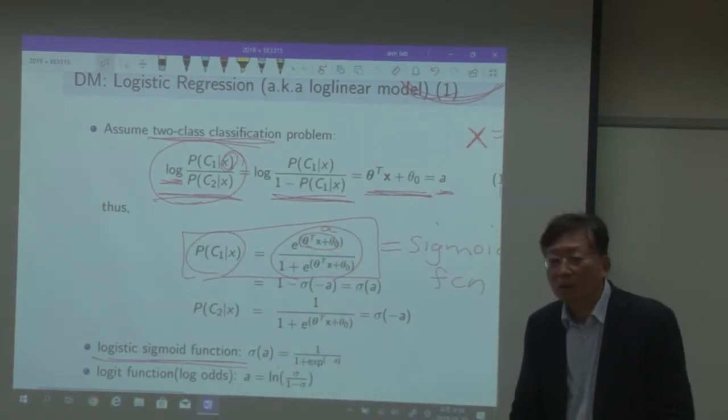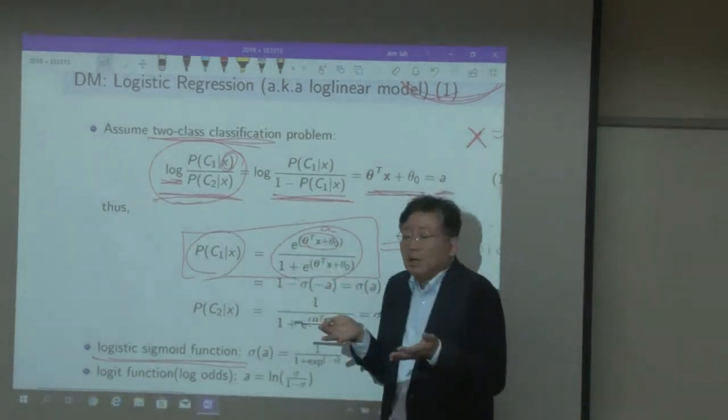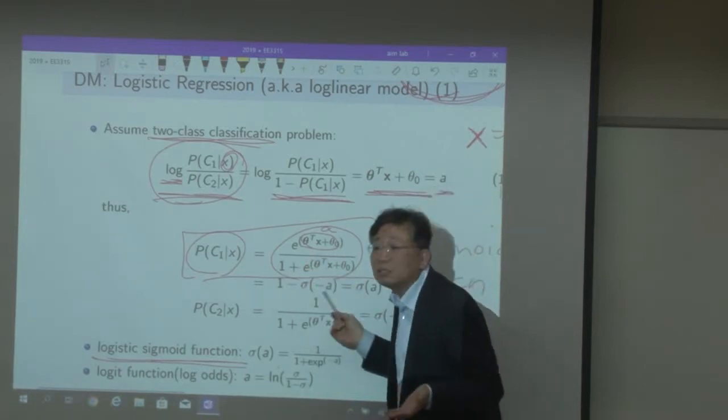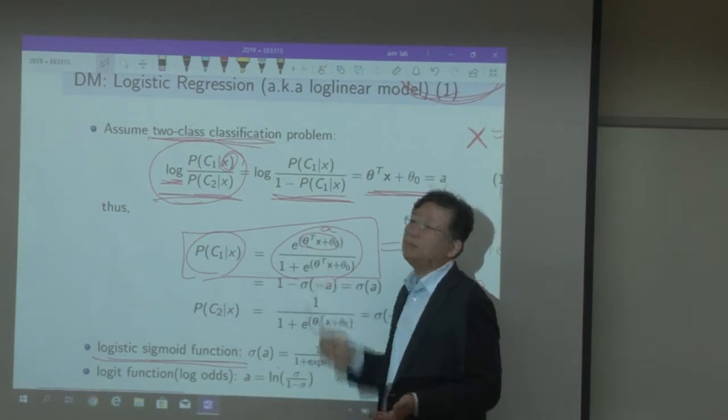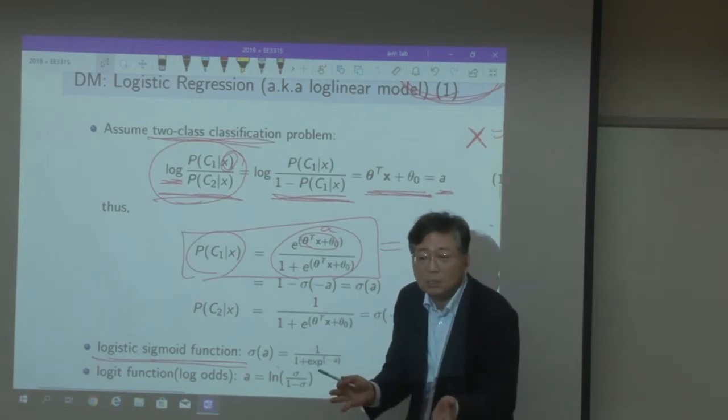Oh, I'm given data. I'm given data, right? Okay, I'm going to model it this way. How am I going to find my theta and theta naught? That needs to be determined.